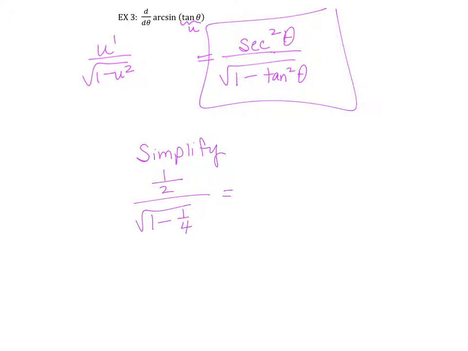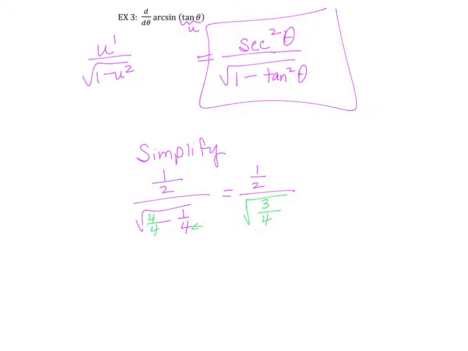When you take the square root, this is 1 minus 1/4. Now here I, of course, can know that in my head because I can subtract 1 minus 1/4. But if you have a variable, what you really do, I'm going to pretend this 1, I'm going to make that 4 over 4. So I'm going to get a common denominator. And then I'm going to subtract my numerators and, of course, keep the denominator.